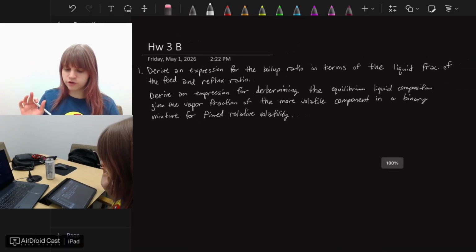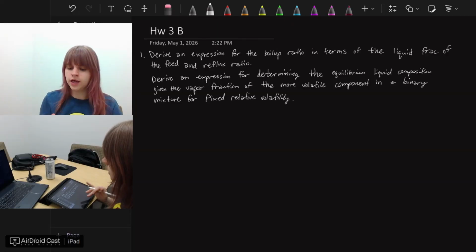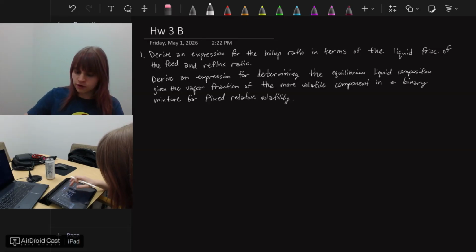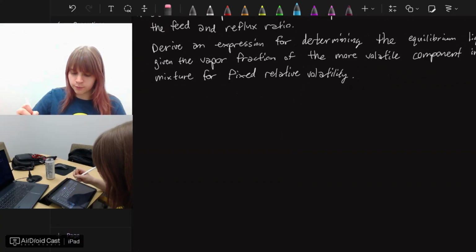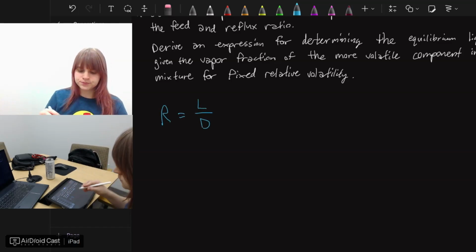Okay, so we're going to start with the first part of this problem: derive an expression for the boil-up ratio in terms of the liquid fraction of the feed and the reflux ratio. So as I defined in part A, the reflux ratio is equal to the liquid over the distillate.